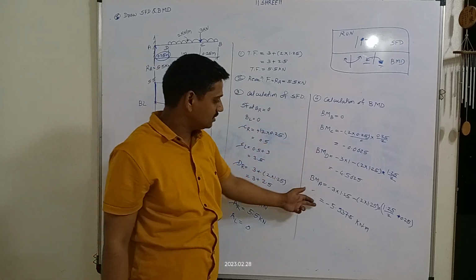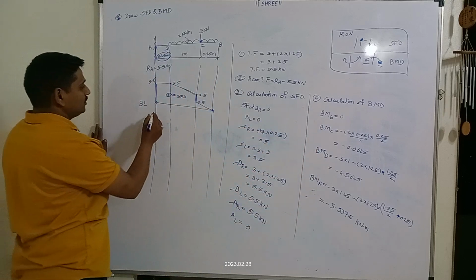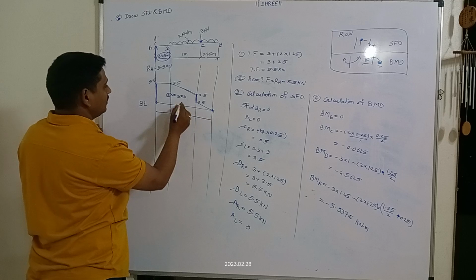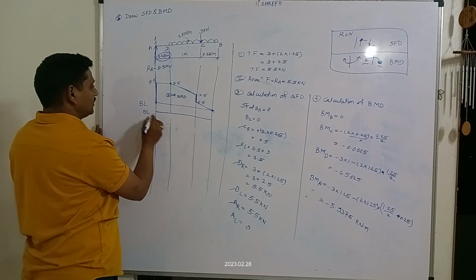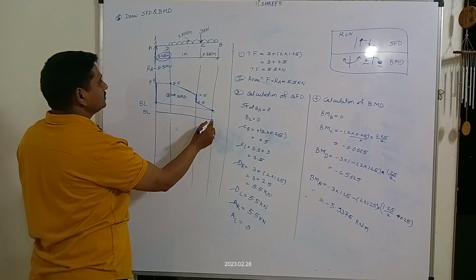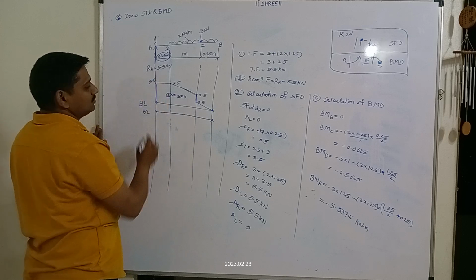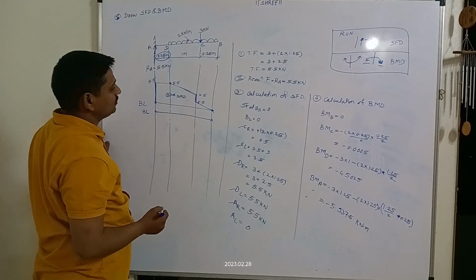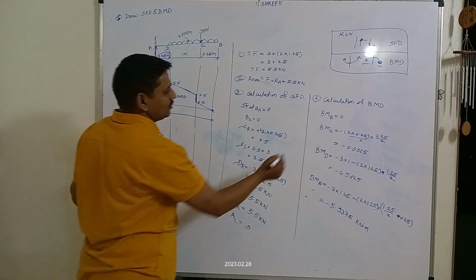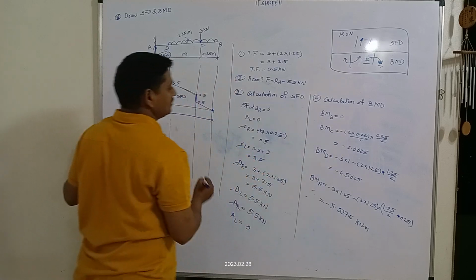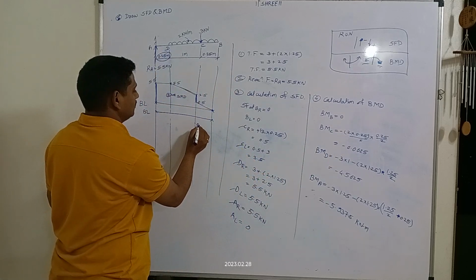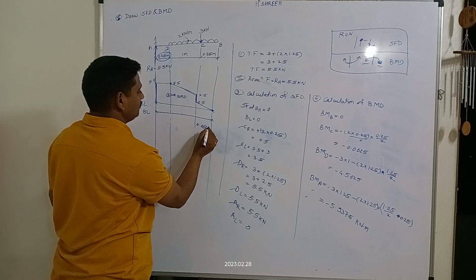Now we are going to draw the bending moment diagram. All values are negative, that's why we draw the baseline near to this. Bending moment at point B is 0, and E is also 0. After that, bending moment at point C is minus 0.0625.